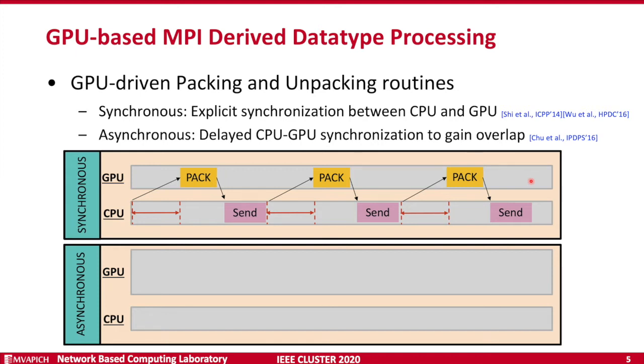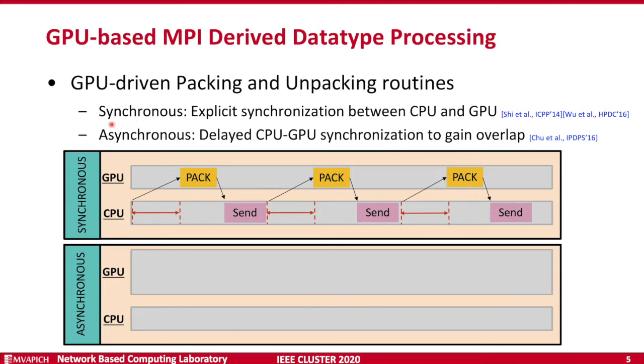And there are many optimizations for GPU-driven packing and unpacking routines. Packing means you pack the non-contiguous data into a contiguous buffer, then you can send it out. When you receive it, you have to unpack it back to the non-contiguous buffers. So we have these routines, and there are many ways to optimize them.